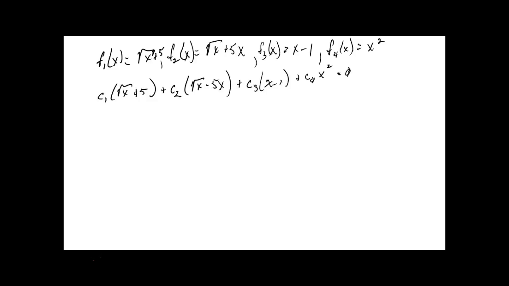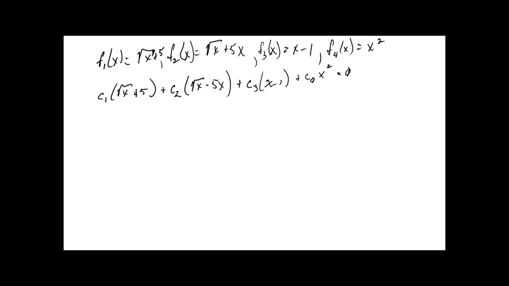I look at that and say, I've only got one x squared term up there. There's no way I can combine any of the others that's going to make that x squared go to 0 unless that C4 is 0. But that's okay, as long as at least one of these is not 0. So I think C4 has to be 0. Can you see any way around it? You can't multiply these, you have to be adding them. So I think C4 has to be 0. Would you concur?